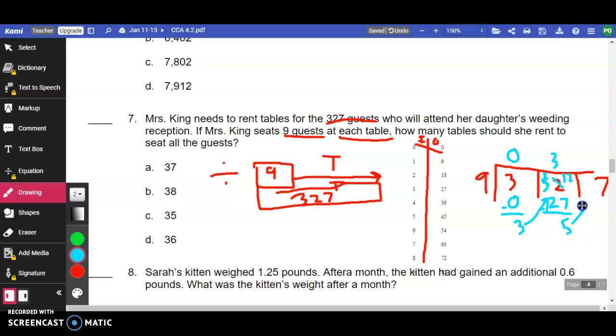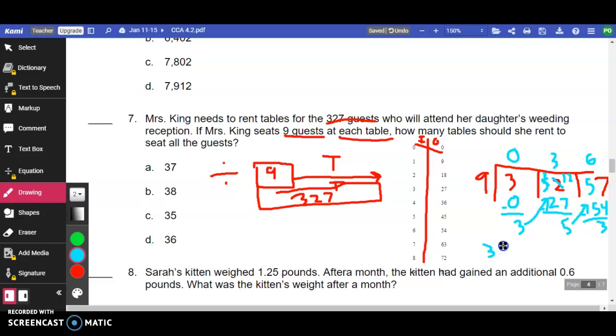And we'll regroup. Next, 57 is larger than 54, but less than 63. So I can make 6 groups and use up 54 of these guests, which will leave 3 guests remaining.